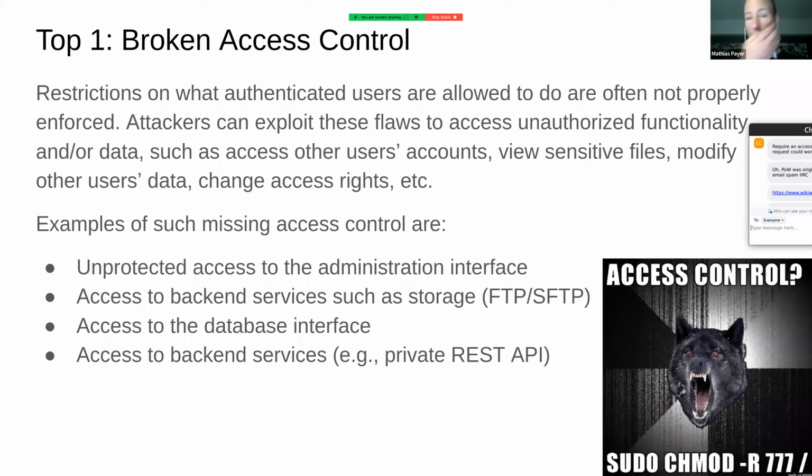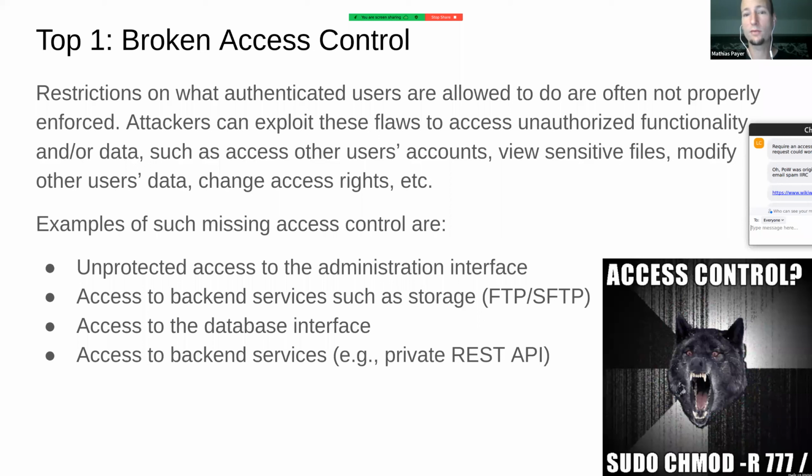And access control is often faulty or missing or incomplete. Web applications implement access control checks in a somewhat haphazard way, and this could lead to unauthenticated users or authenticated users of lower privileges accessing different kinds of files in unintended ways.